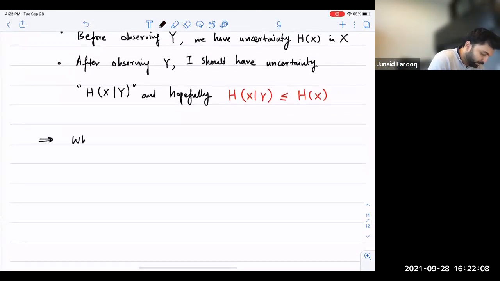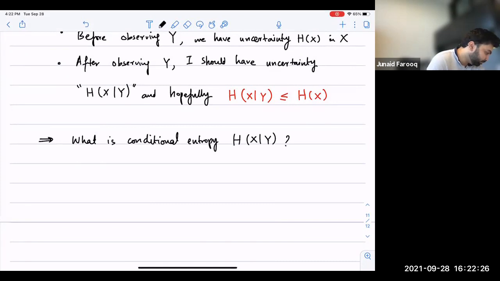So we've talked about entropies, joint entropies, and now conditional entropy. Now, this is very important to understand, so everybody, please try to pay attention.